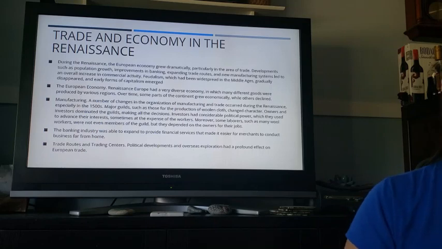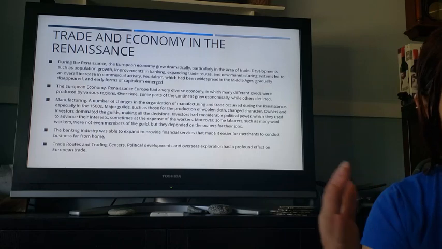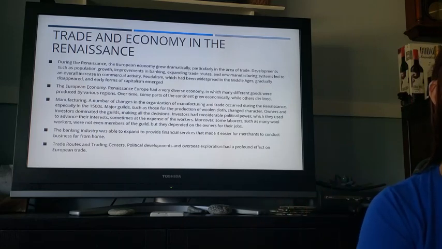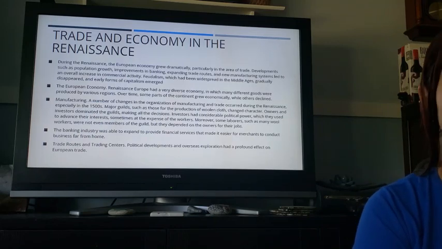So the European economy had a very diverse range of things that flourished, and many different goods were produced by various regions. Over time, some parts of the continent grew economically while others declined, as in most economic cycles throughout history.